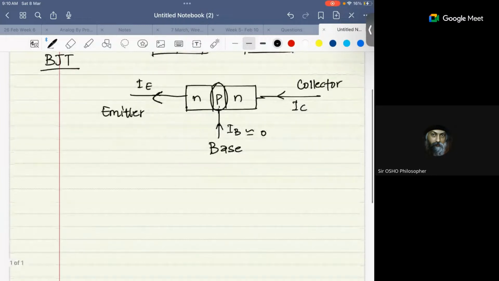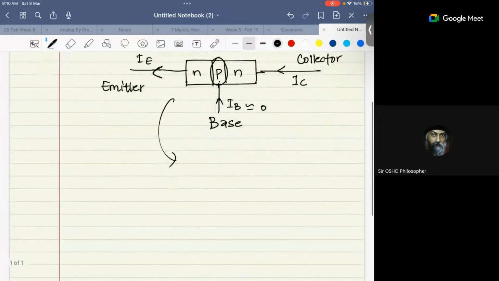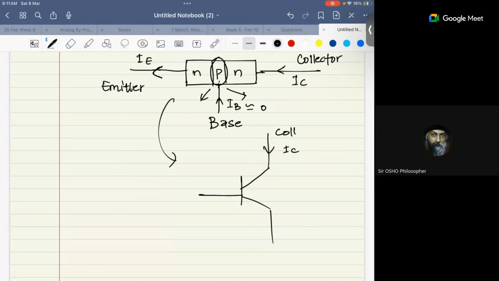Normally this is shown as a two junction device, you can see there is a one and a two junction. That's why you call it a bipolar junction. This is the collector, this is the emitter, and this is the base.